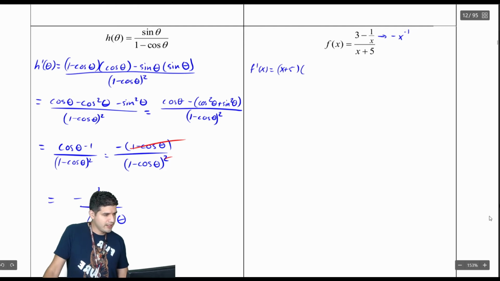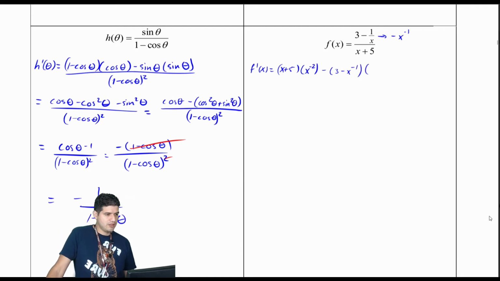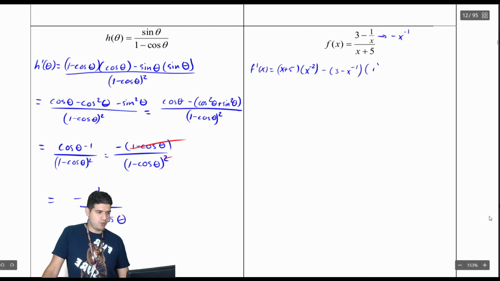So that is going to be positive x to the negative second, minus the numerator, so 3 minus x to the negative first, times the derivative of the denominator, so times 1. And I square that denominator, so x plus 5 squared. All right, and let's see where this takes us.